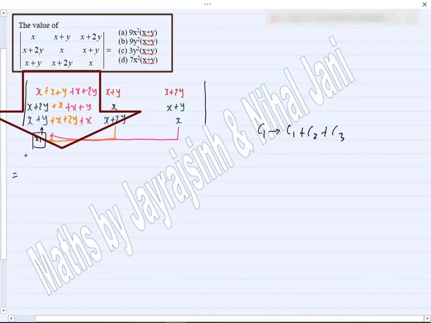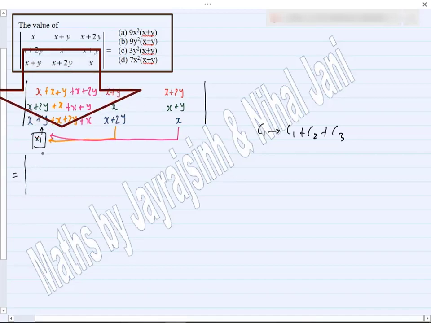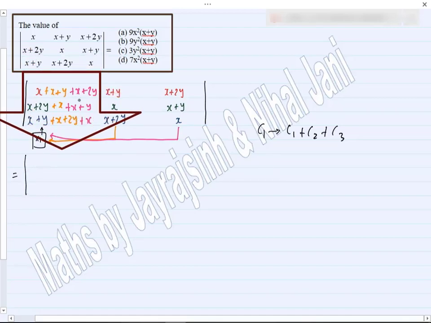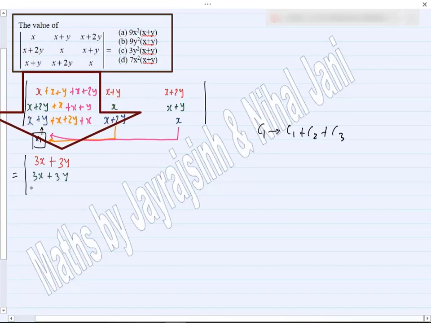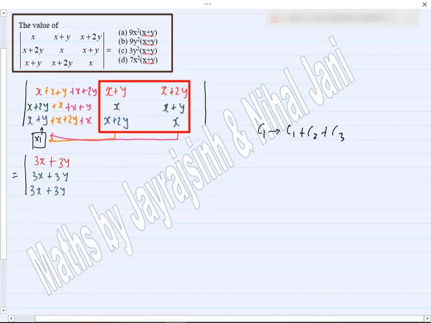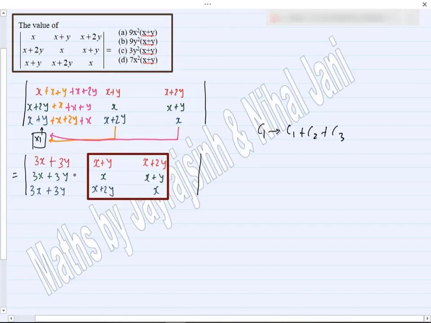So the first column of the determinant will become x plus x plus x, which is equal to 3x plus 3y. Similarly, the second element will also be 3x plus 3y, and same as the third one. The rest of the two columns will remain as they are.